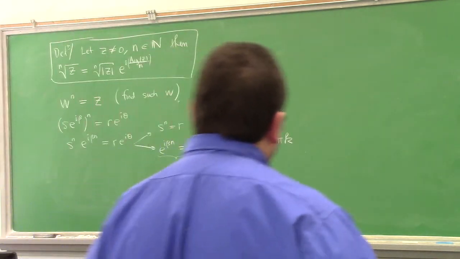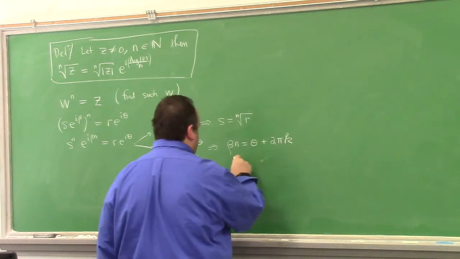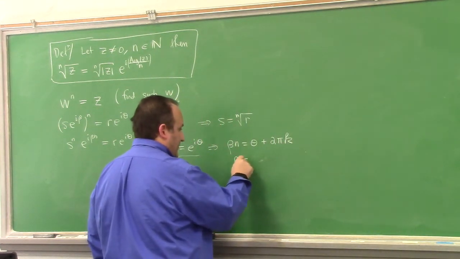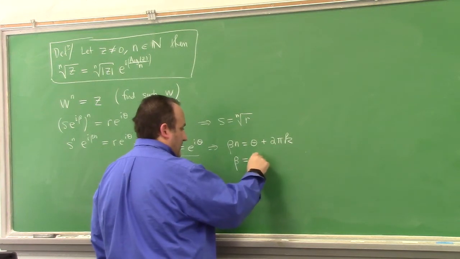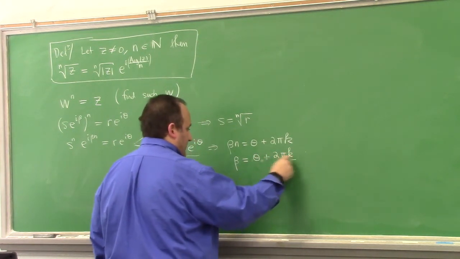And so if we solve for beta, what do we get? Beta equals theta plus 2 pi k divided by n.